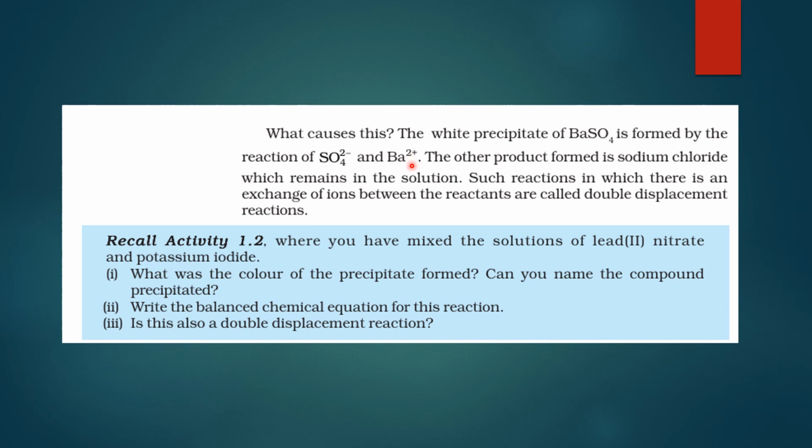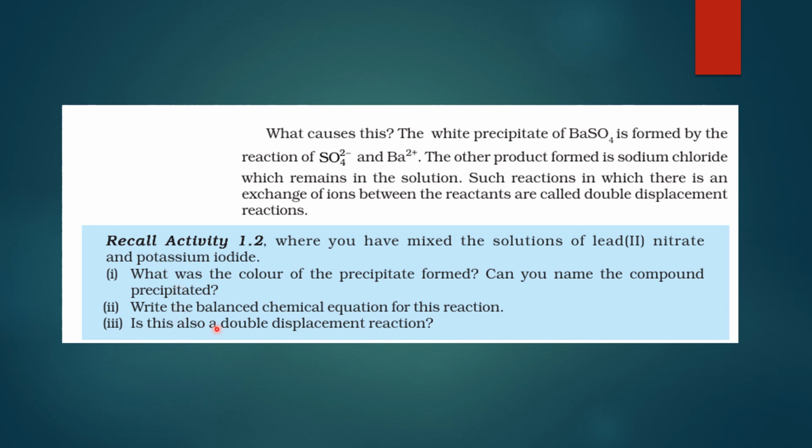Right? Now let's understand one more activity. हमने previous lectures में activity 1.2 study की थी. If you have not watched that, please watch the previous lectures also. So we mixed the solutions of lead nitrate and potassium iodide there. Okay. So all these questions we have to answer are related to that.